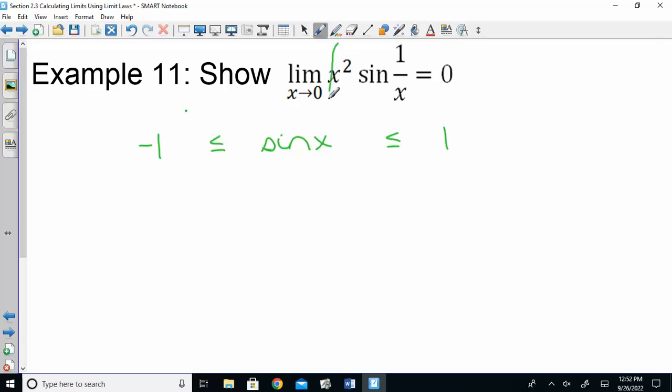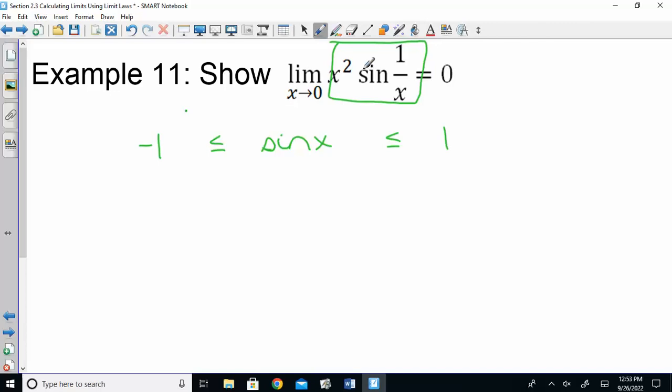You notice I'm not just jumping straight to this middle thing. We have to work our way up there. Now, if you're taking sine of something, when you mess with that angle, does it change the high and low points on the graph? No. Remember, the only thing that changes that was the amplitude, the number out in front of sine. Changing the argument just changed how quickly it repeated.